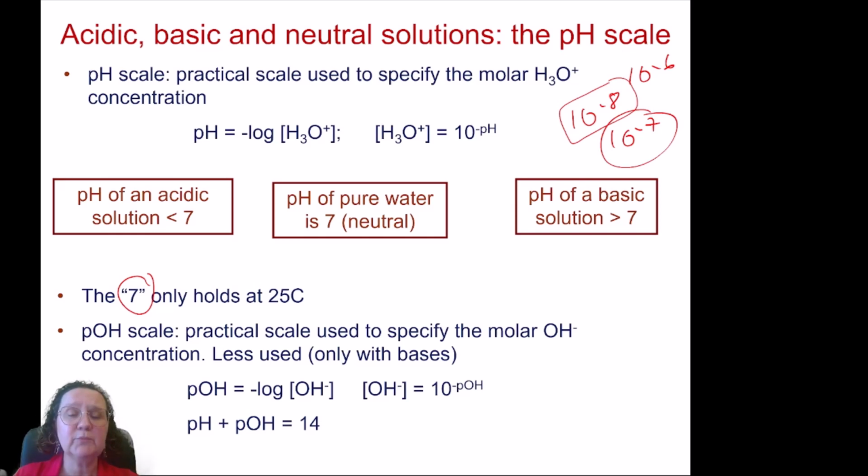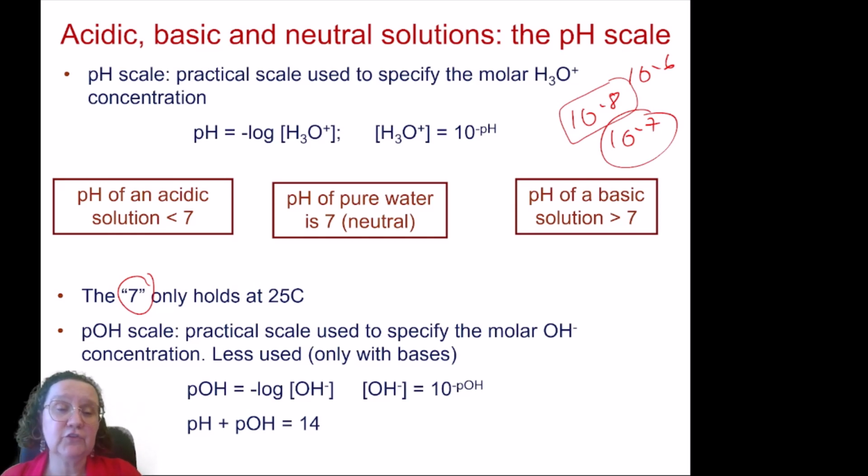So the concept of having the same number of hydrogen ions, or having more or having less, works at any temperature. The fact that pH of neutral solution is 7, a pH of an acidic solution is smaller than 7, a pH of a basic solution is more than 7, only holds at room temperature.